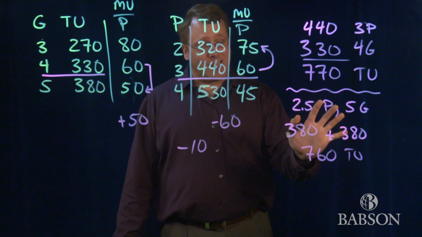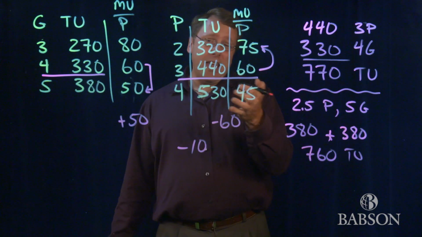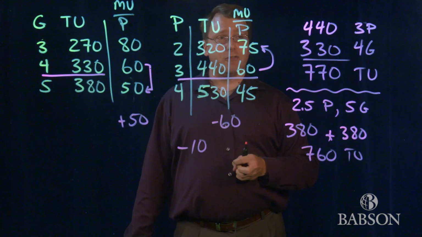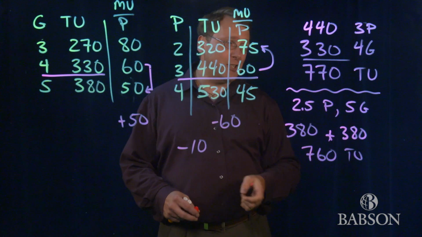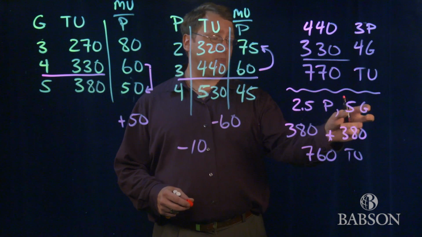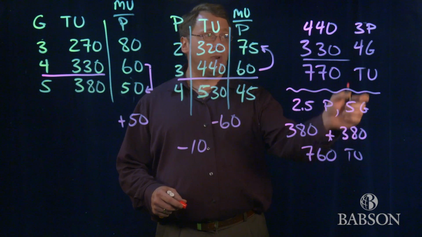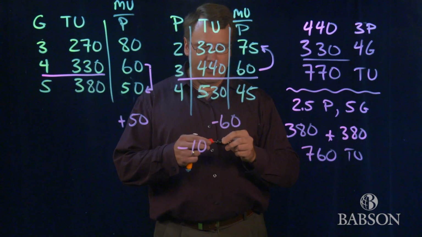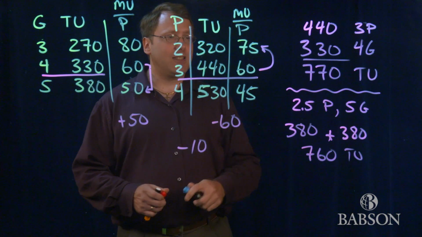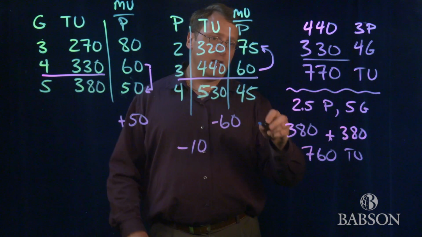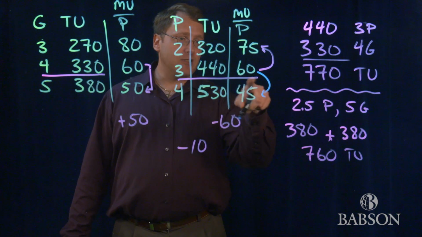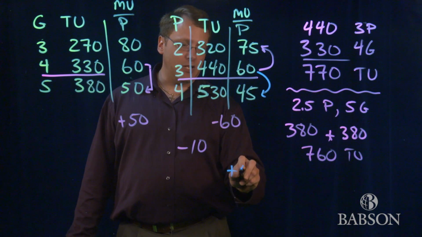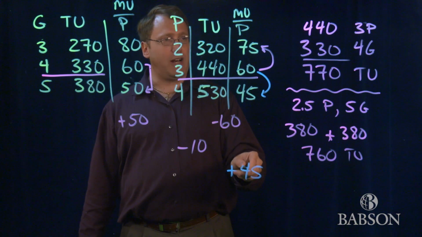So what that tells us is that we can't increase our consumption of granola and make ourselves better off. Well, that's not the only direction that we could move. Instead of buying more granola, we could do what? Buy more Pop-Tarts. But what you'll see is that we have the exact same problem. If we buy more Pop-Tarts, what do we get? We gain this 45 units in utility, so we gain 45.